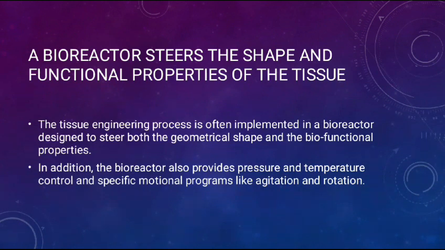The tissue engineering process is often implemented in a bioreactor designed to steer both the geometrical shape and the biofunctional properties. In addition, the bioreactor also provides pressure and temperature control and specific motion programs like agitation and rotation.